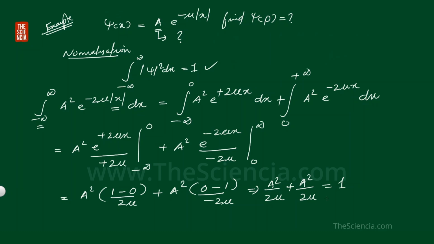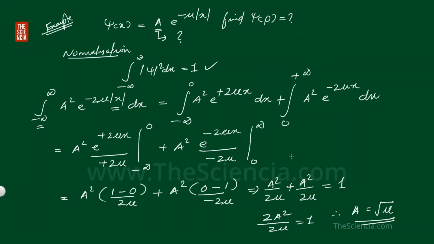Right, that is the condition for normalization. Therefore, we got 2a square by 2 mu equal to 1. Therefore, a is equal to root mu. Okay, so the normalization constant is root mu.